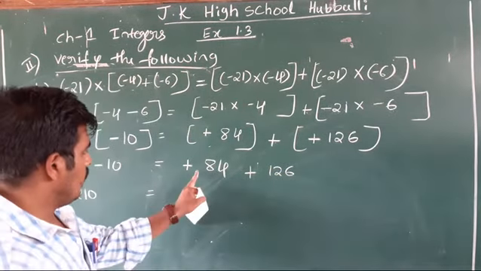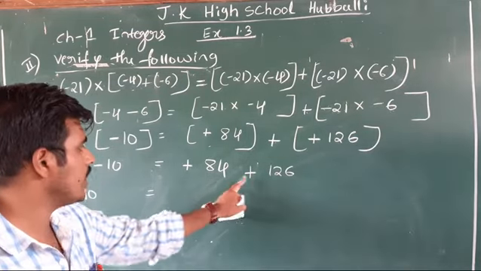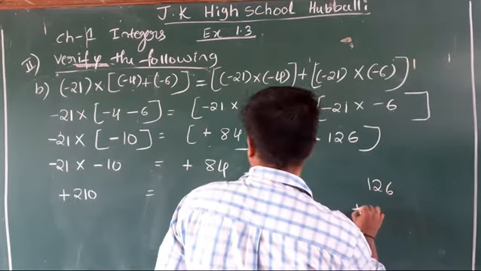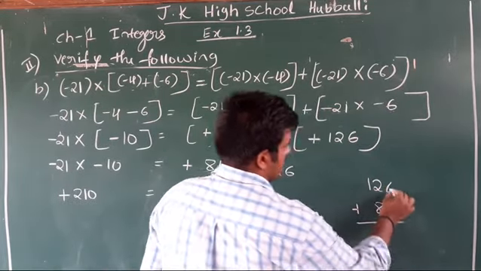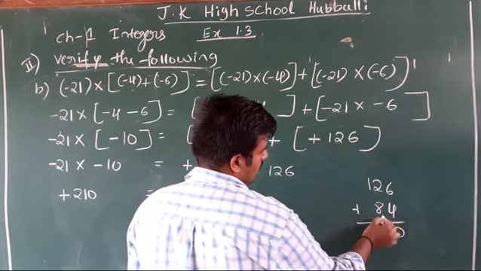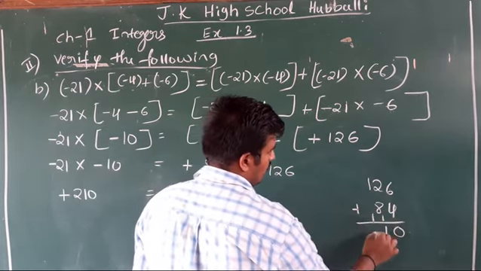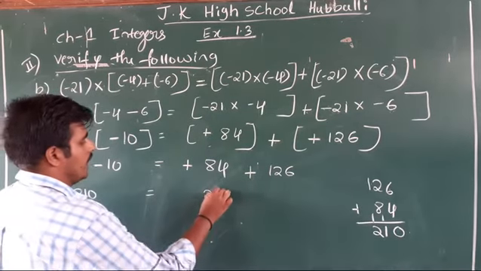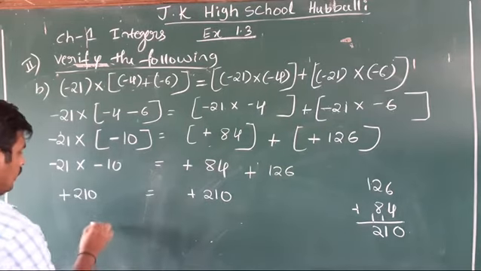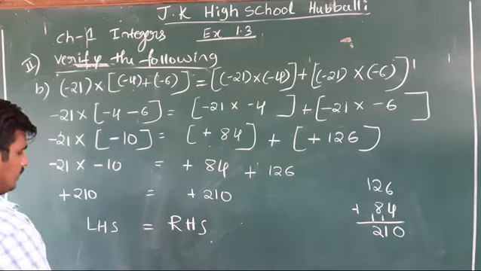Now between this 84 and 126 there is no multiplication sign, and both have the same sign, therefore addition will take place. 126 plus 84: 6 plus 4 is 10, 0, 1 carry forward. 8 plus 2 is 10, 10 plus 1 is 11, 1, 1 carry. 1 plus 1 will give you 2, so 210, with the greater number sign. 210. Therefore LHS is equal to RHS.